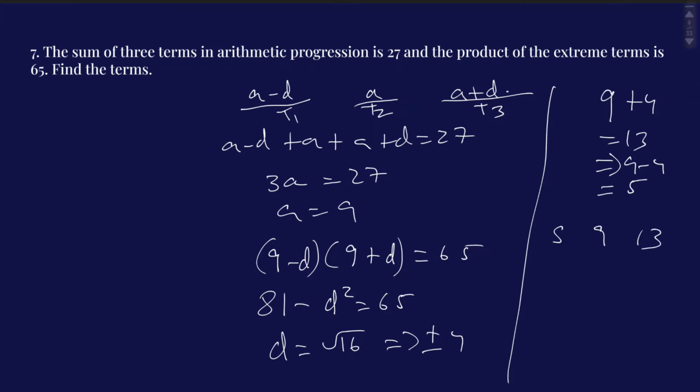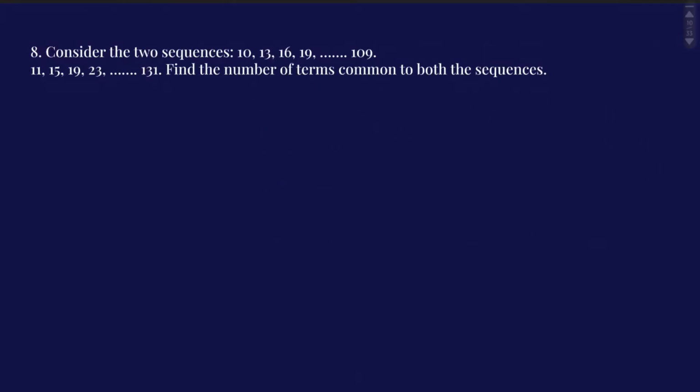Okay, let's look at this question. Consider the two sequences 10, 13, 16, 19 and so on till 109. The other sequence 11, 15, 19, 23 and so on till 131. Find the number of terms common to both the sequences. So the first series is 10, 13, 16, 19 till 109.